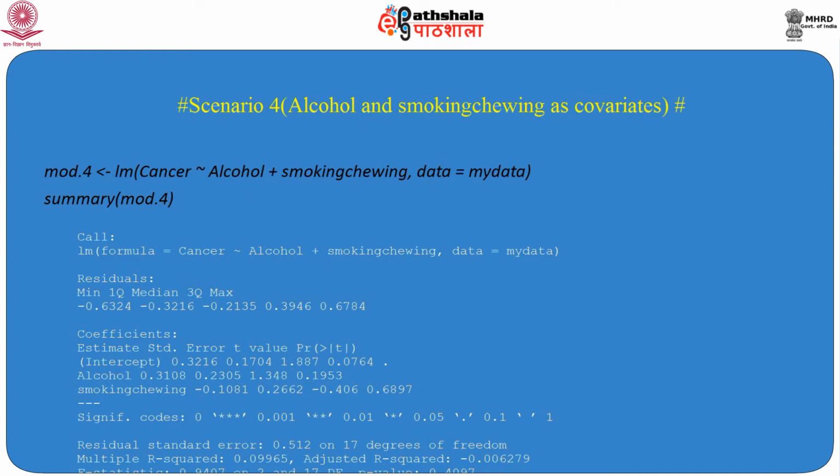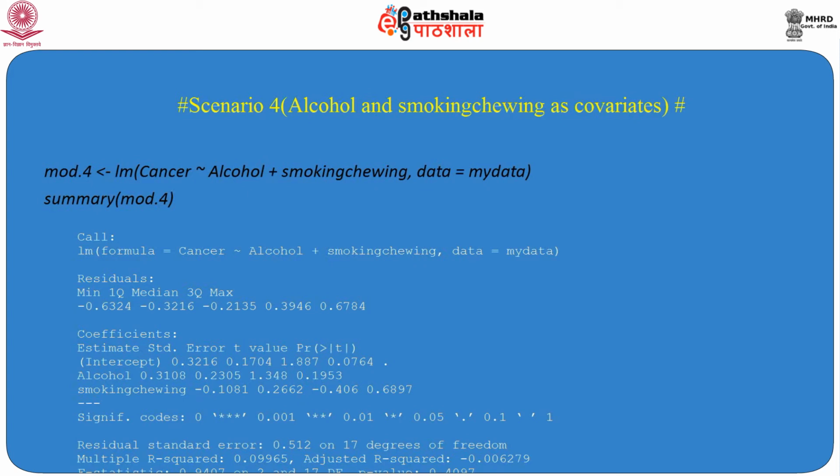So it can be stated that those having smoking and chewing more have less chance of having cancer. It shows that, but however since the corresponding p value is 0.6897, which is not less than 0.04, we can't say it's strongly associated, or that smoking and chewing both positively prevent cancer.